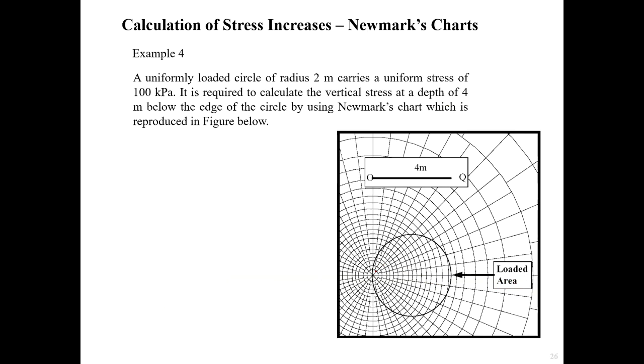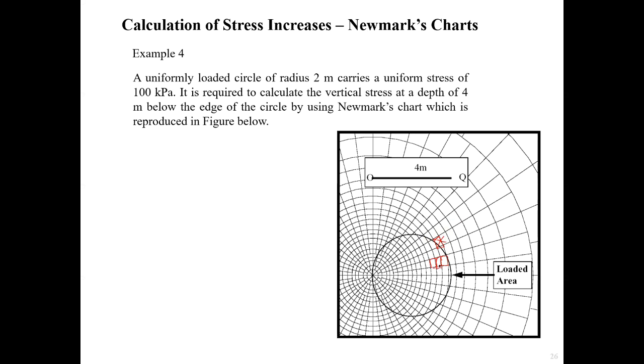Once you plot this circular area, you count the blocks. Obviously this block is totally within the circular area, so we add this one. This block is only partially outside the circular loading, so we count this one as well. But for this block, the major part, over half of the area, is outside the circular loading, so we ignore it.